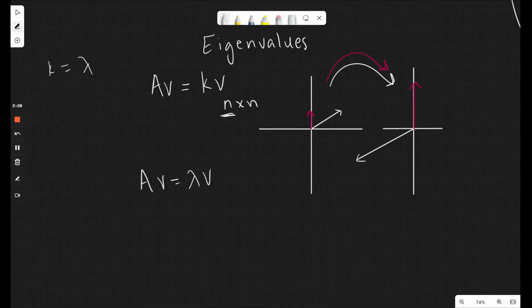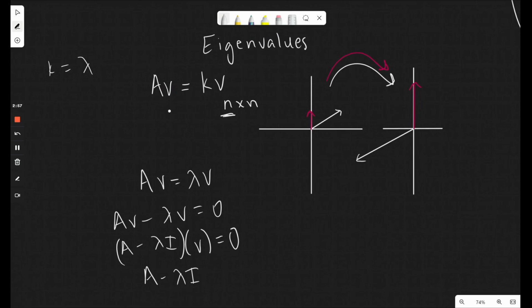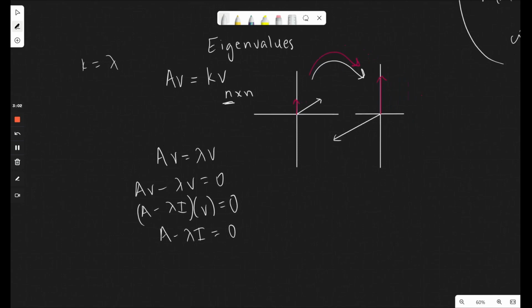Then if you move this around, Av minus lambda v equals 0, and then A minus lambda I, which is just the identity matrix, because if we're subtracting, this is a scalar, it needs to be a matrix, times v equals 0. And our eigenvector can't be the zero vector, the null vector, so the determinant of A minus lambda I has to equal 0, and that defines the characteristic polynomial of our matrix, which I'll get into in a second.